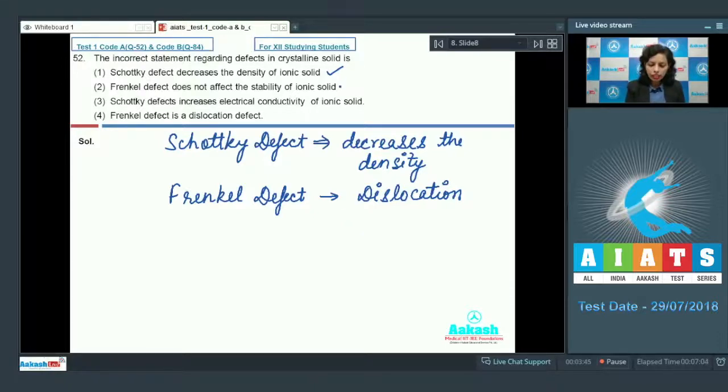So it affects the stability, and this statement is the wrong one. Now the third option: Schottky defect increases electrical conductivity of the ionic solid. It happens in this case, so this statement is also correct. The fourth option: Frenkel defect is a dislocation defect. We already discussed it, so it is also a correct statement. In this manner, the incorrect statement regarding the crystalline solid is the second one. So the correct answer is option 2.